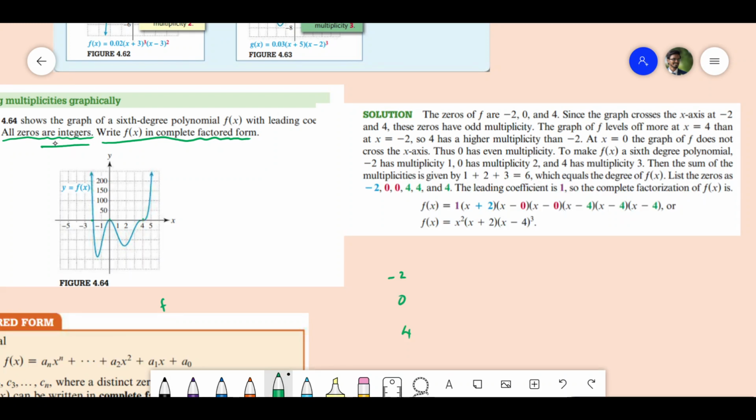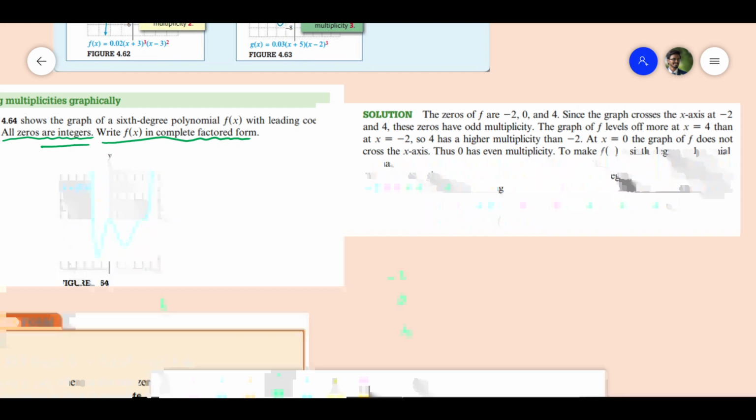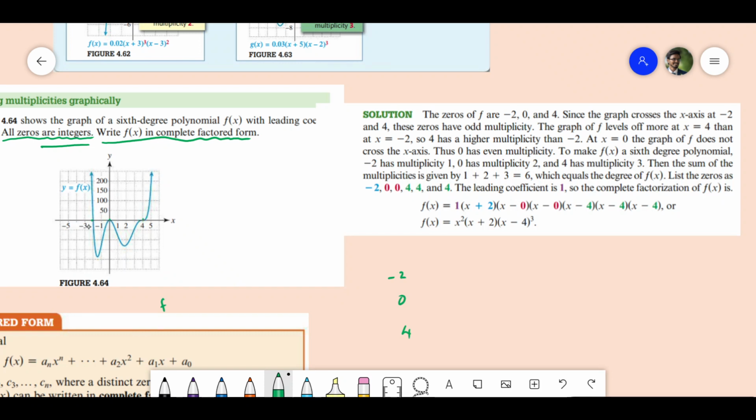Otherwise we might think that the 0 in here can be a different number other than -2, but here it cannot be because the zeros should be integers.